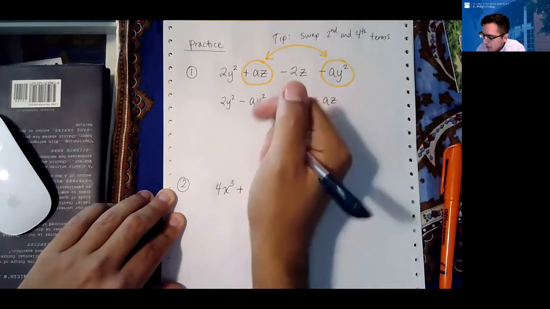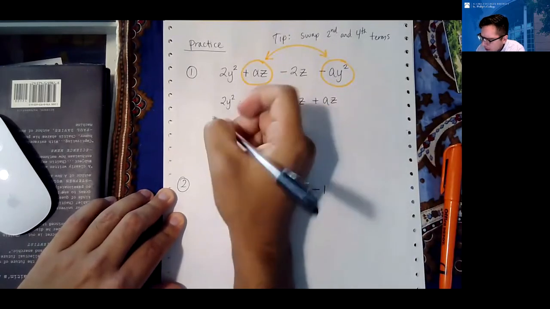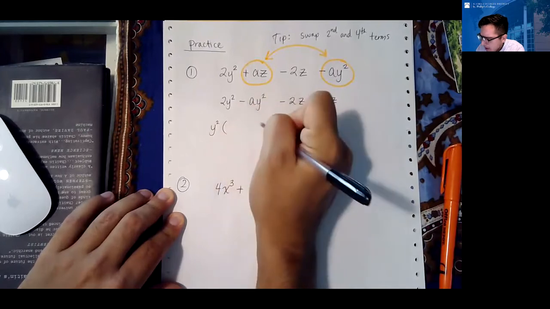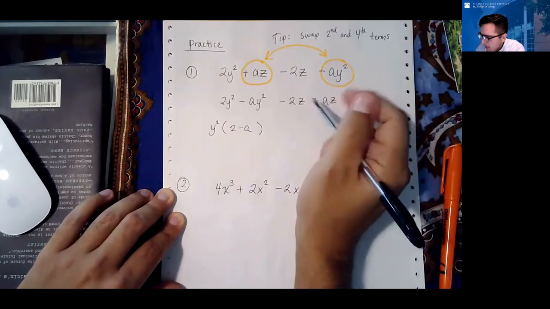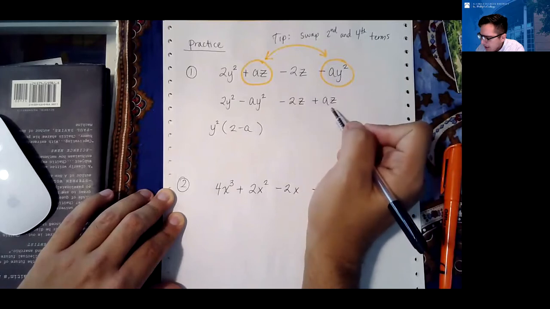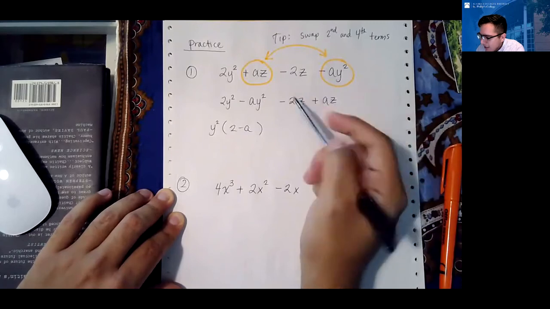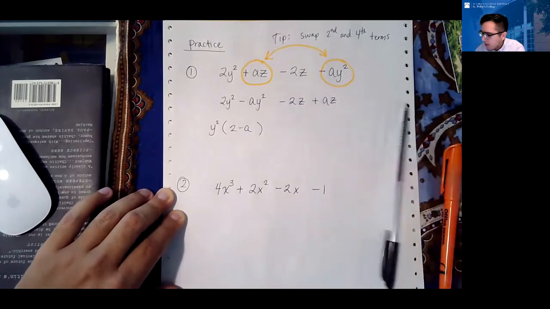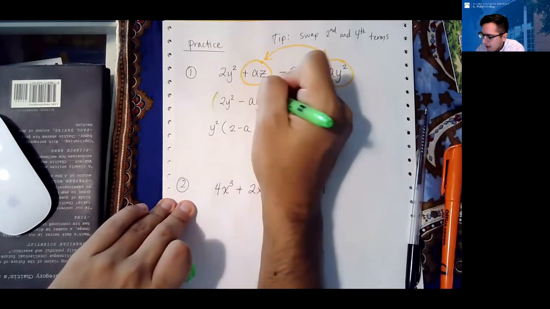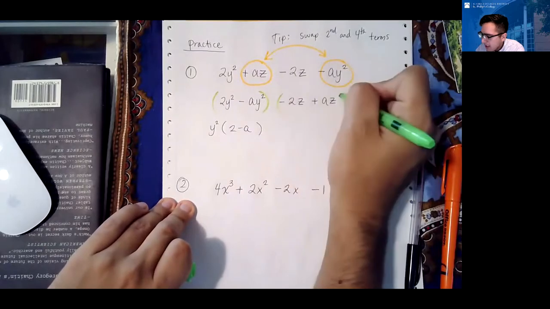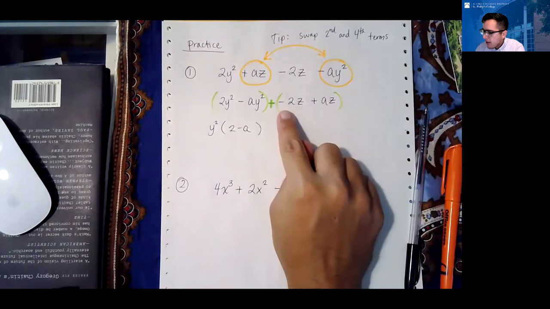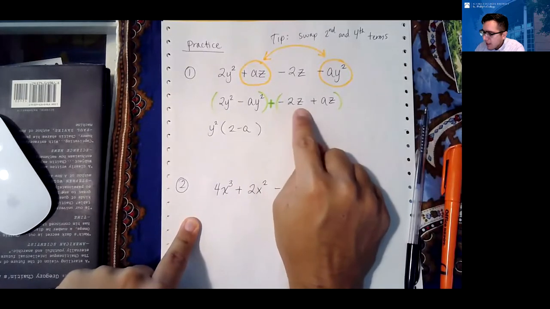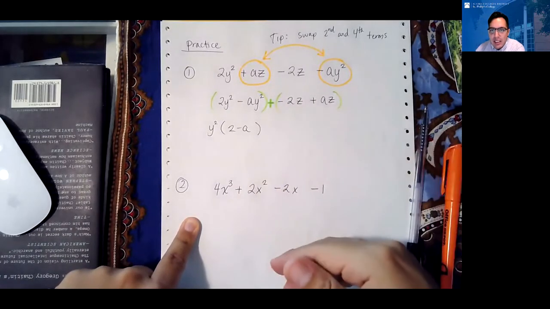Yeah, I'll just go ahead and jump in here. We factor out a y squared, leaving us with 2 minus a. Then for these, remember, since we're grouping these like so, I'm going to put a little plus sign here. The first term here is negative, so we need to factor out the negative GCF.